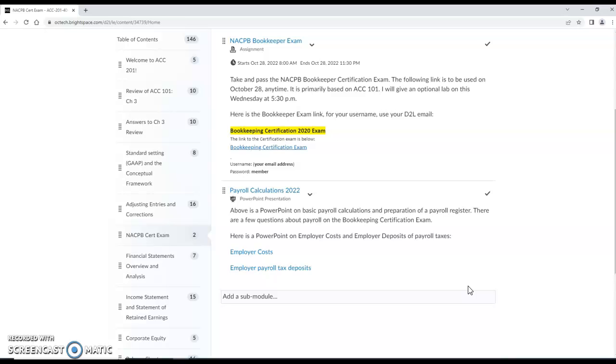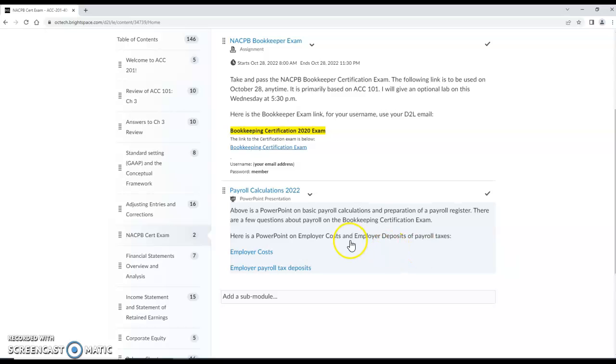But for those of you who have not had Accounting 116 or Accounting 150, you may want to look through these. There's a payroll calculations PowerPoint that goes through how to calculate the federal income tax, the Social Security tax, Medicare tax, come up with the total deductions, and subtract them from the gross wages to get the net pay.